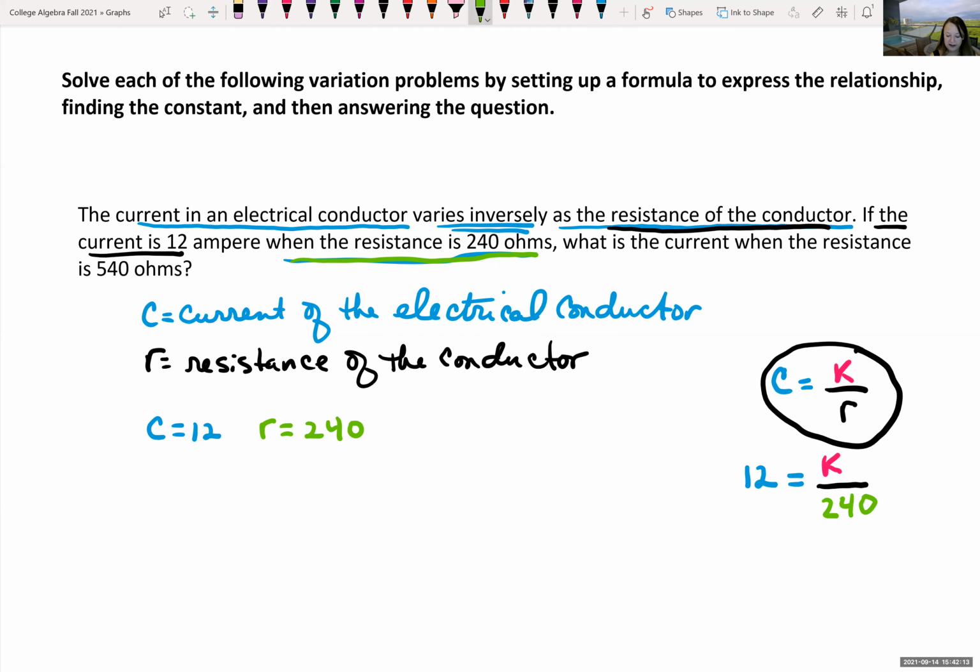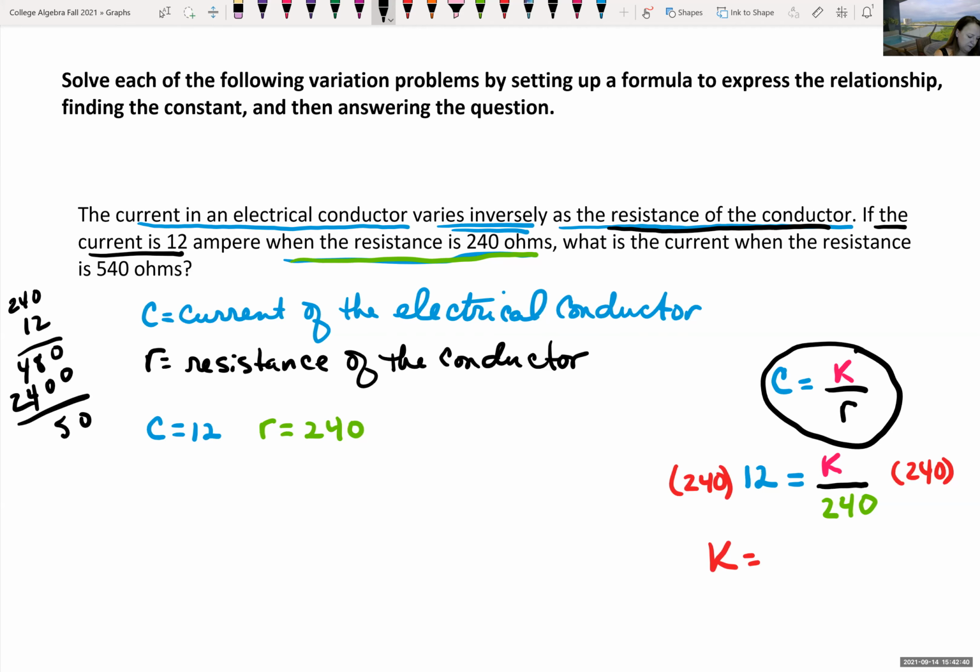So we can solve for K by multiplying both sides by 240. So I get K is equal to 12 times 240. If we multiply that out, we should get 2,880.